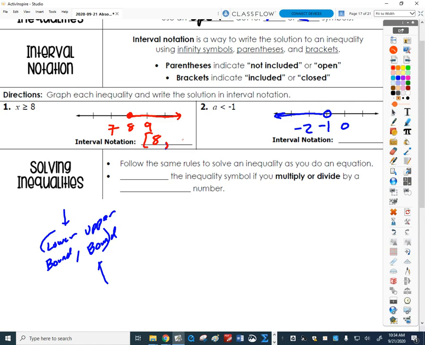But it's the idea that there's no limit on this thing. I'm going to put infinity. So what this tells me is that I start at 8 and I rise to infinity, which means I just go forever. I'm going to increase towards infinity. I never get there. Okay, here's an important question though. What kind of symbol do I need with the infinity? Do I need a bracket or do I need a parenthesis?